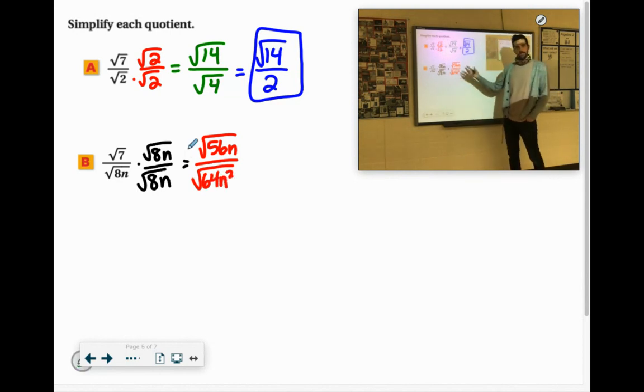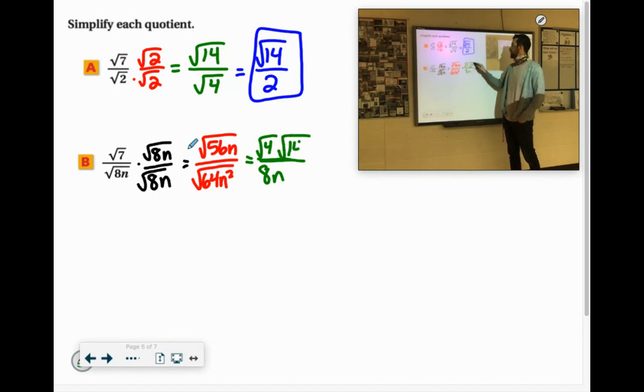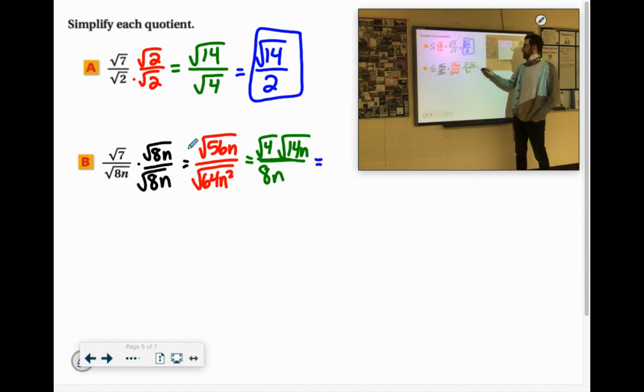And then you're like, square root of 64n squared is 8n. 56 does have a perfect square in it, though. 4 goes in there. It's 4 times, let's see, 28, 14. 4 times 14n. The square root of 4 is 2.